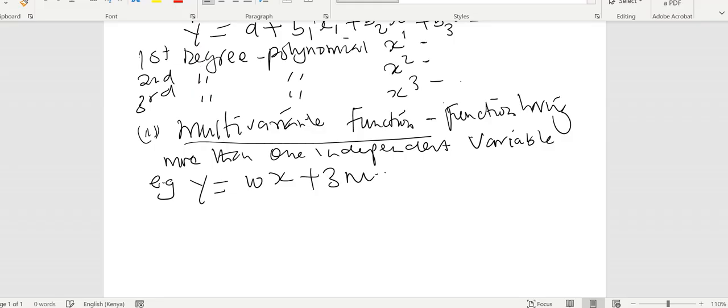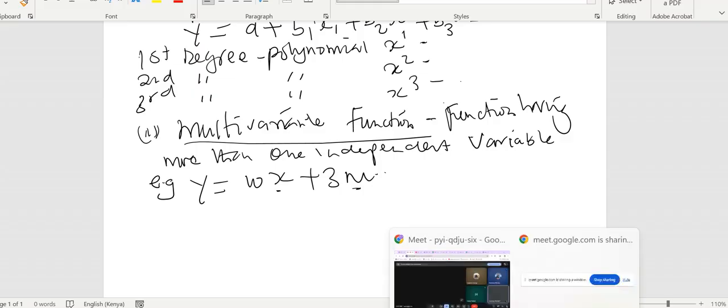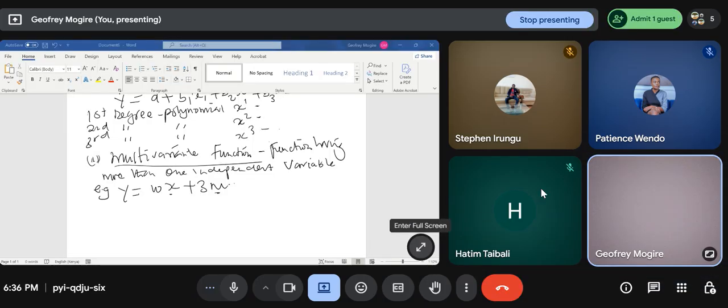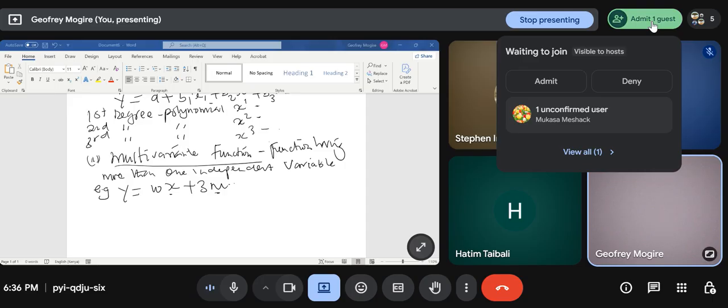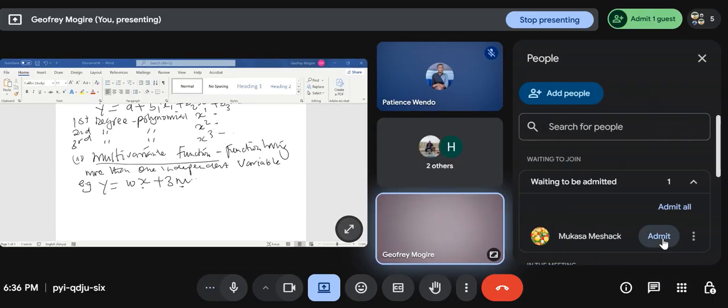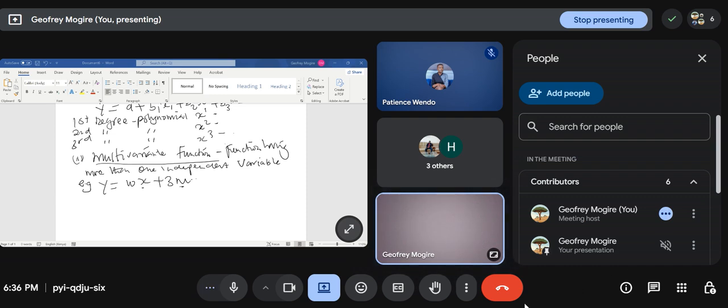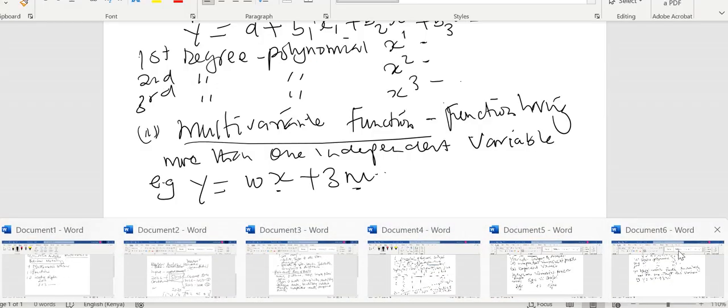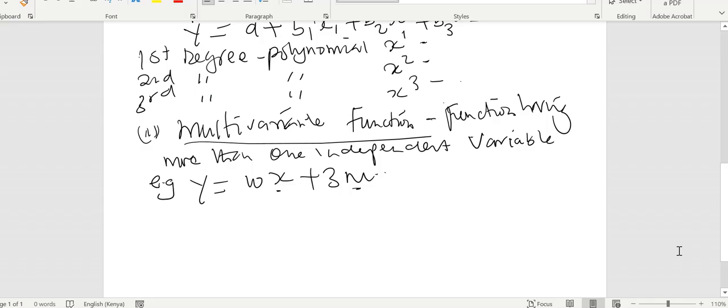You can see our x here is a variable and m is another variable which is totally different from x. So it's a multivariate function.